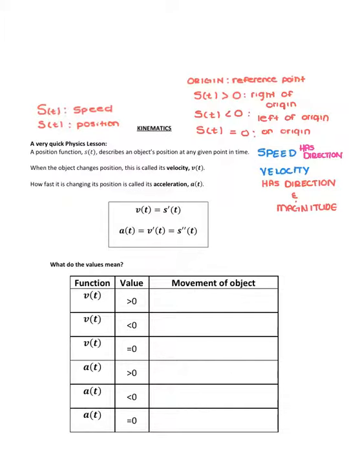It just has magnitude. And so this is my vector, and this is my scalar. Make that a little bit more legible. Scalar. All right. Questions so far?